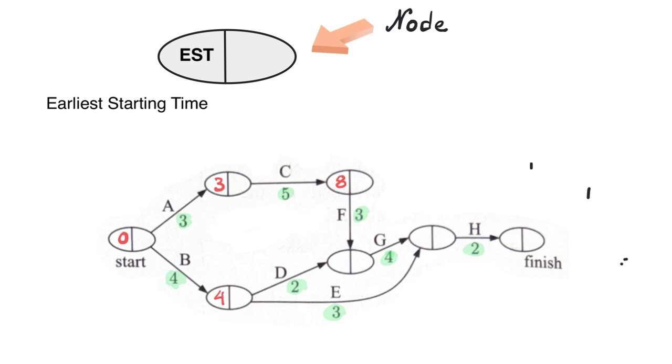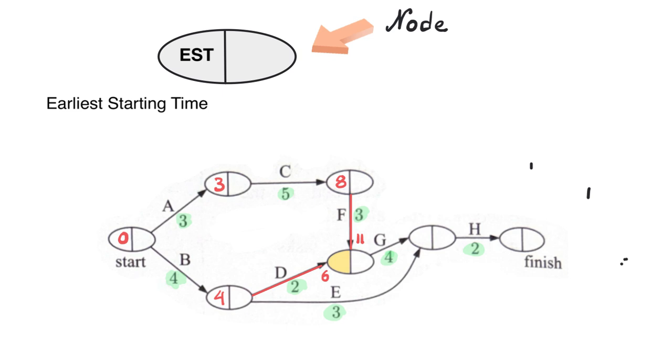Now, to get to task G, we need to find the duration from both sides, A, C, F or B, D. If we complete task D, it'll take us 4 plus 2, 6 minutes. So I'll just record this down below here, that's 6 minutes. But if I complete task F, then that will take me 8 plus 3, which is 11 minutes. So I'll just put it down here.